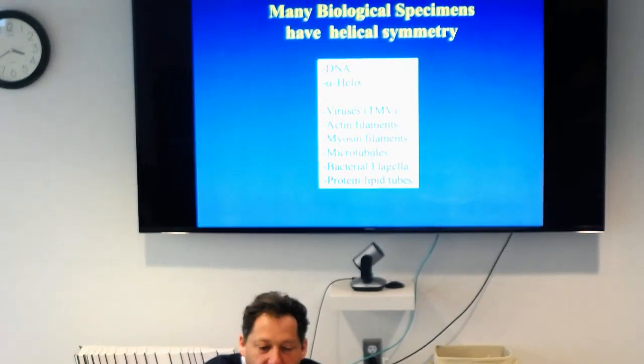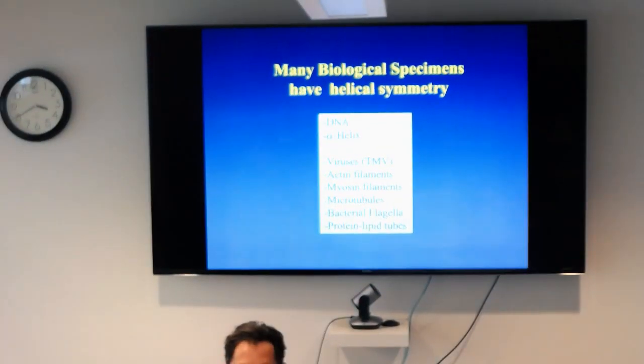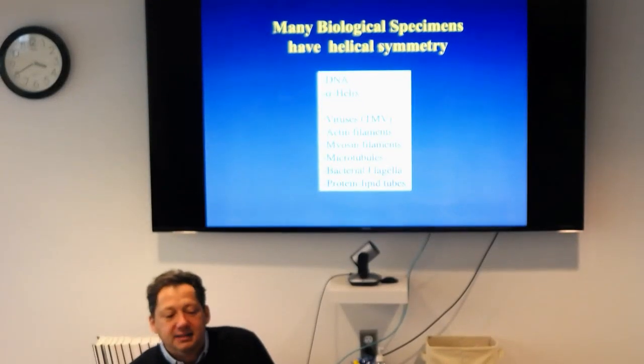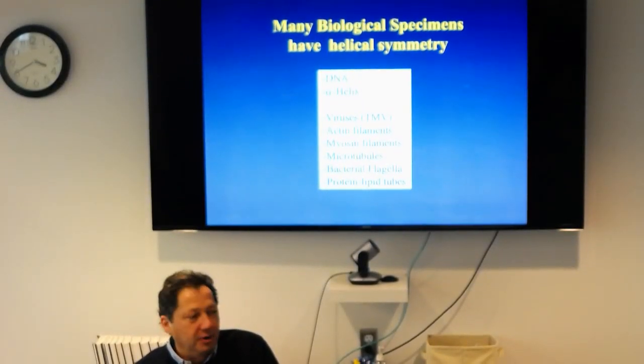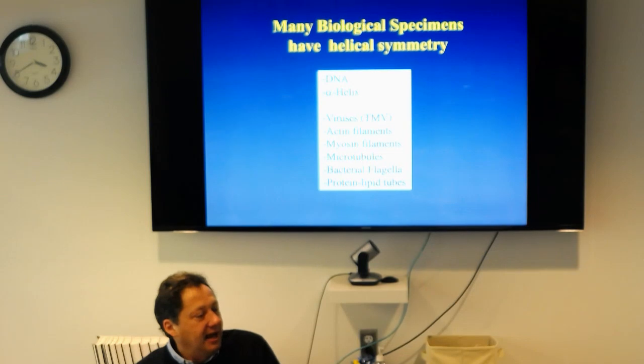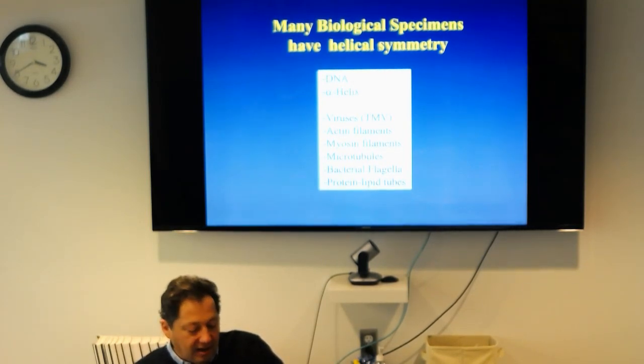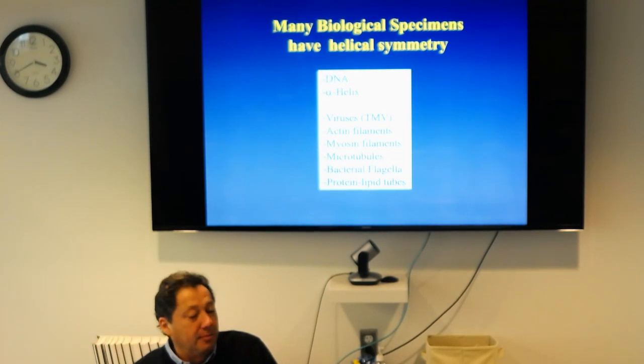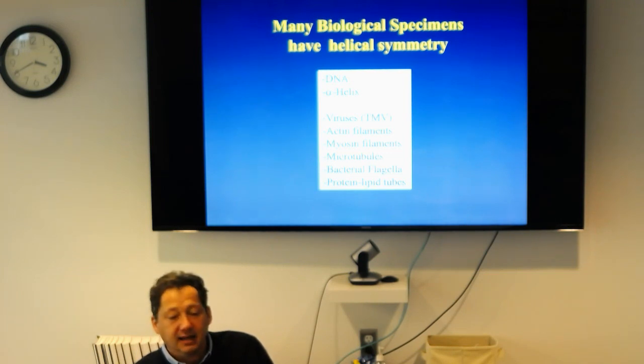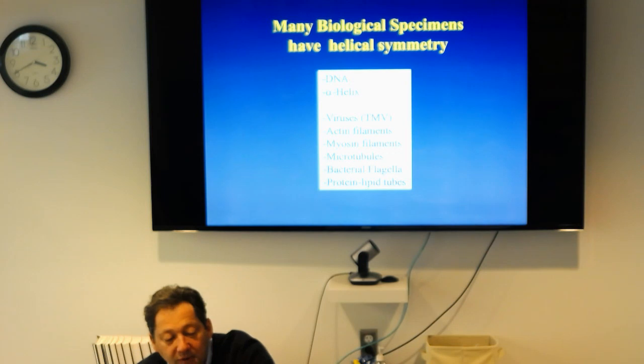Okay, so you know, helical symmetry is actually very common in biology. Anytime that you have a filament that is formed by a self-assembly process, it is most likely or absolutely likely to be a helical specimen. And the ones that we're going to talk about are the ones at the bottom, which are large macromolecular complexes.